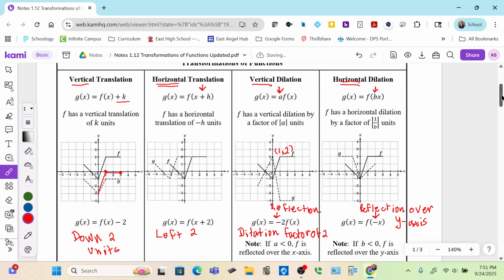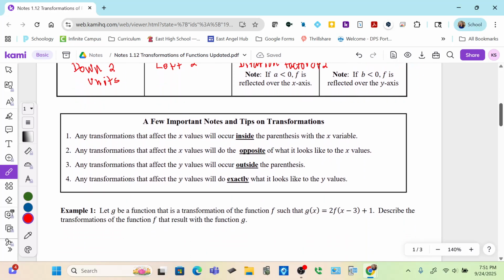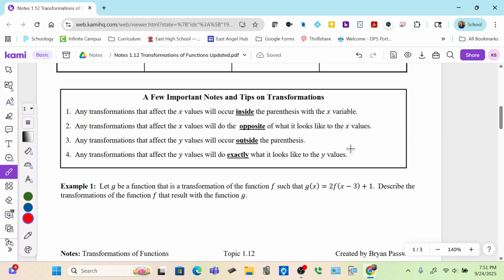So let's just look at this box here that's right below that table. Anything that happens inside the parentheses is with the x variable. Whatever's happening with x is the opposite or the inverse of what it looks like. Anything that happens outside the parentheses is for y, and it does exactly like it looks.